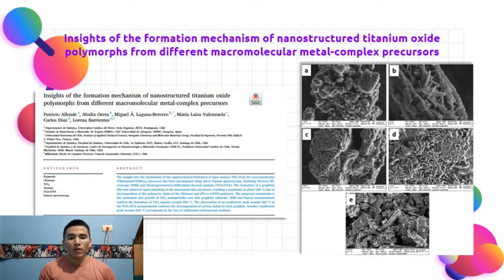If we observe the images on the screen, as the calcination temperature increases, microfibers composed of agglomerated nanoparticles of 20 or 30 nanometers are created. Likewise, the morphology of the calcinate produced under different conditions is shown.